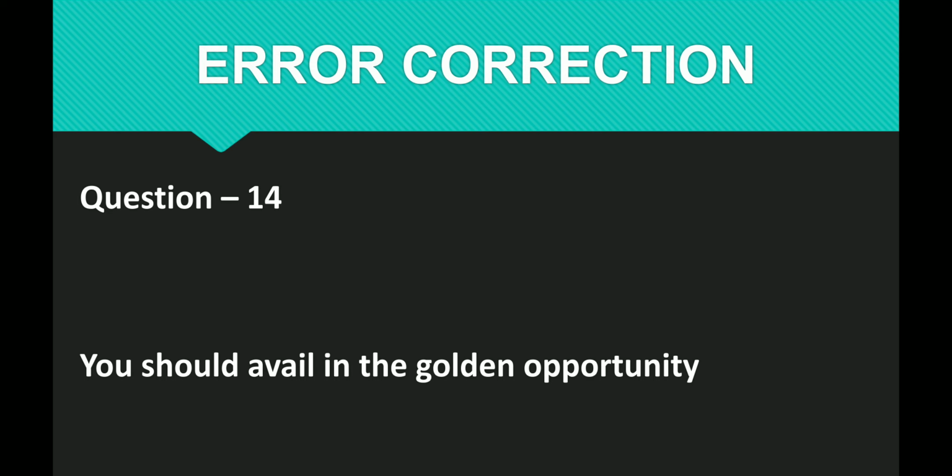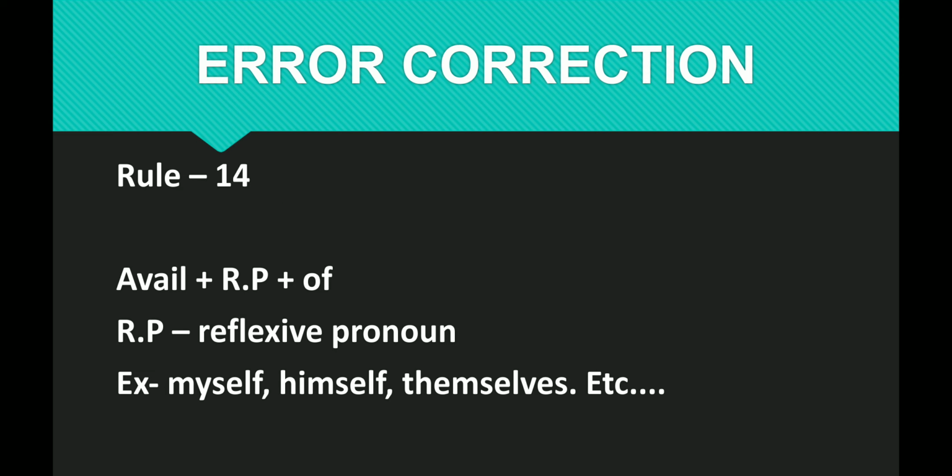So after avail, a reflexive pronoun must be used, and the word avail always takes of. Avail of. Do remember, the permanent preposition is avail of. Here is the rule. Avail plus reflexive pronoun, RP means reflexive pronoun, plus of. Of is the fixed rule.